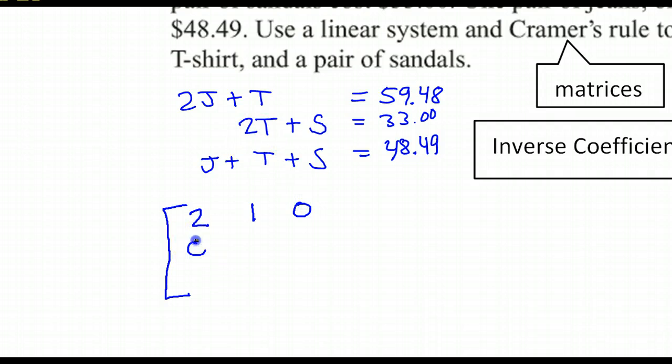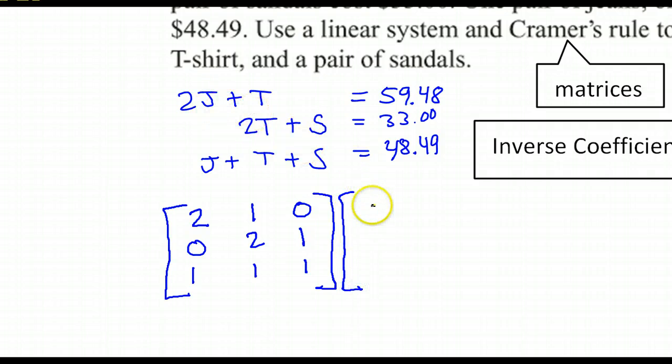And then 0 and 2 and 1 for the S, and then 1 and 1 and 1 for the J, the T, and the S. Okay, that is our coefficient matrix. And then the variables are, in order, J, T, and S. Jeans, t-shirt, sandals.